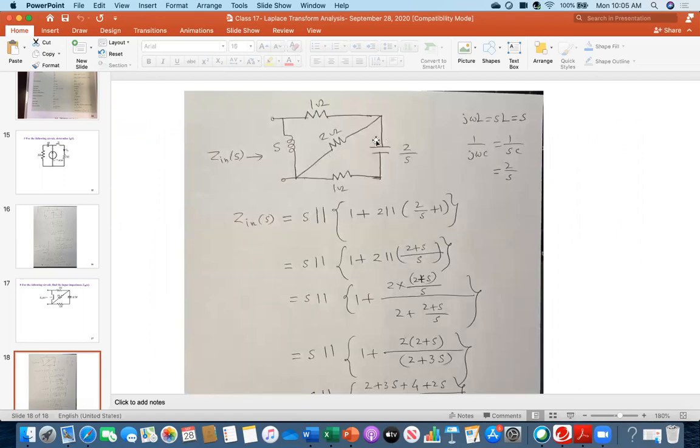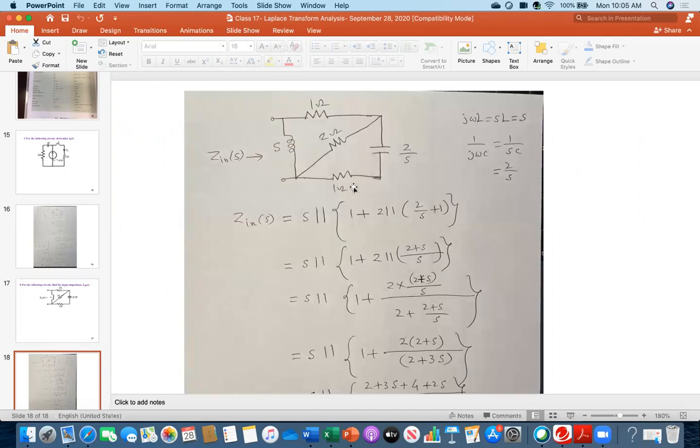Here everybody see. First I have converted those into Laplace domain. Inductor became, because it was 1, just S, and this is 2 over S. I have written down those things: j omega L is S, and 1 over j omega C is 2 over S. So what is my Z in S? Everybody see, I have written.